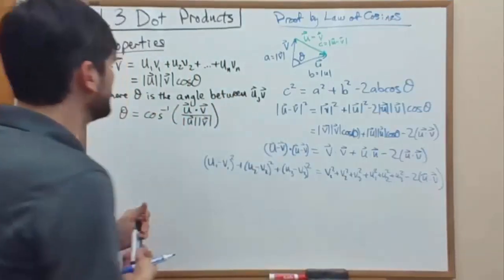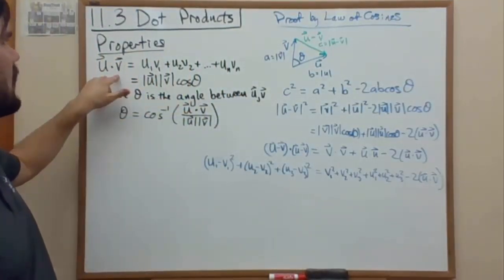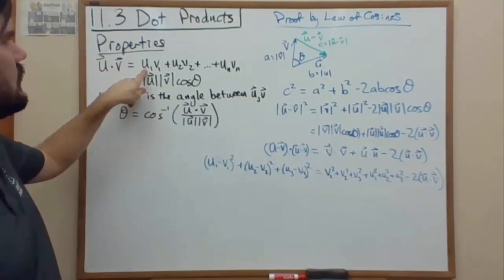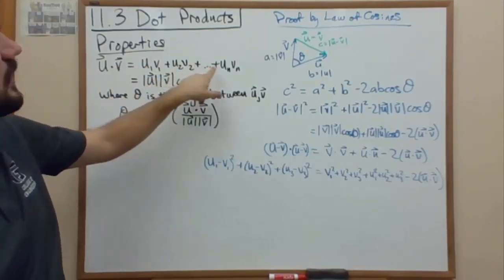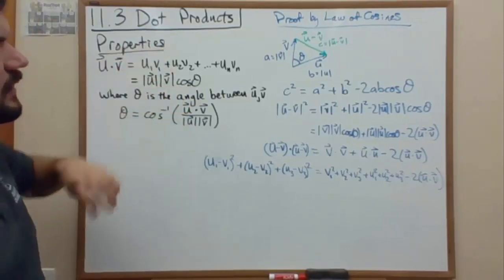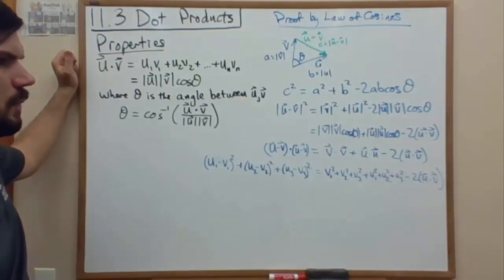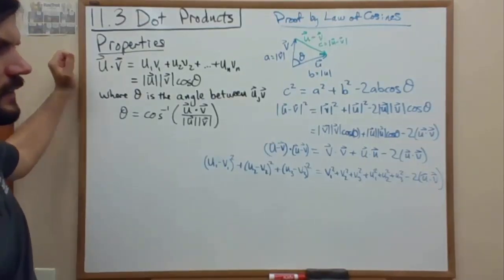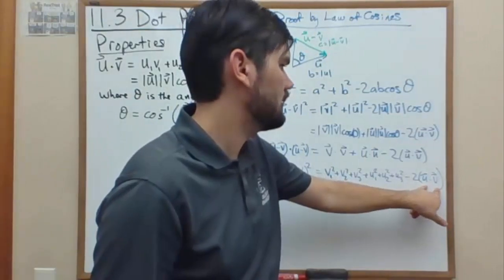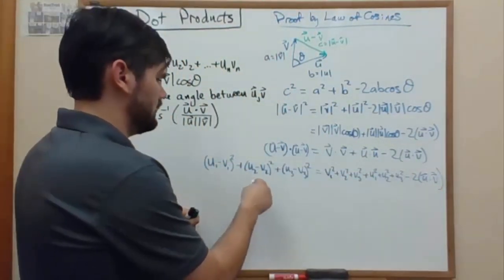Now our goal, of course, is to get to the dot product equal to u1 v1 plus u2 v2 and so on. We're starting with this end piece and then working our way back. So let's move the 2 dot product over to the other side.